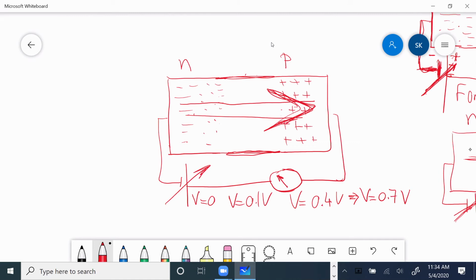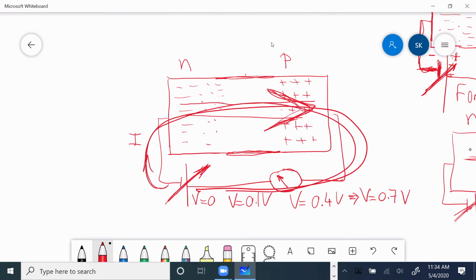When I apply 0.7 of a volt, I will get current. I will get the current I to flow from there to there. The circuit will close.